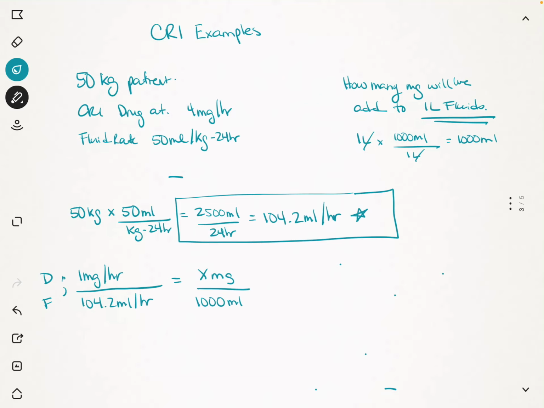Okay, so here we go. So then we're going to cross multiply and solve for x here. So x milligrams then becomes 1,000 times 1 divided by 104.2.